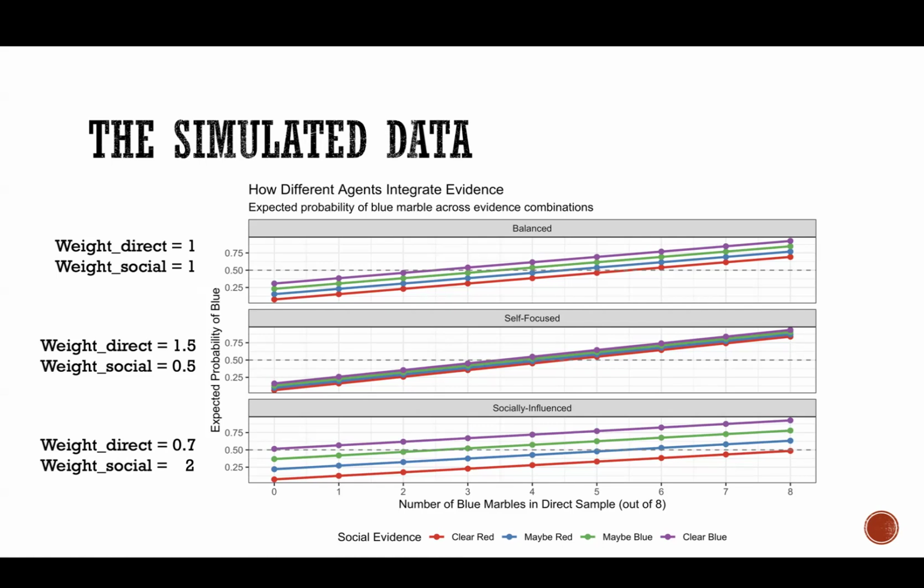We then want to have the socially conform or socially influenced agent, where we give a weight for direct perception of 0.7 and a weight for social information of 2. And we're simulating 3 scenarios because then what we want to do in the next step is build Stan models that are fitted to these data. And we want to see which of these models is preferred by the model comparison and the model quality checks.